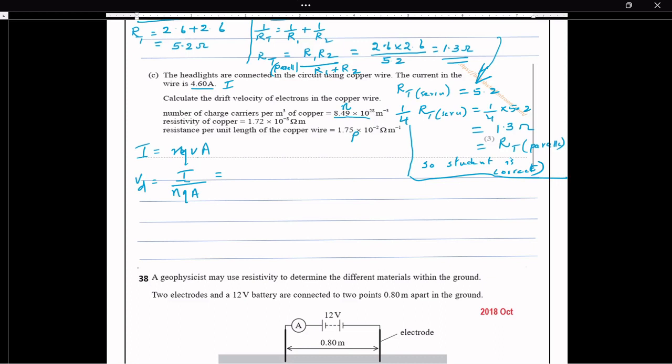So we have to calculate the area first. So let us calculate the area. Area is how much? This is what we have to calculate. For that, let us use the relation R is equal to rho L over A.